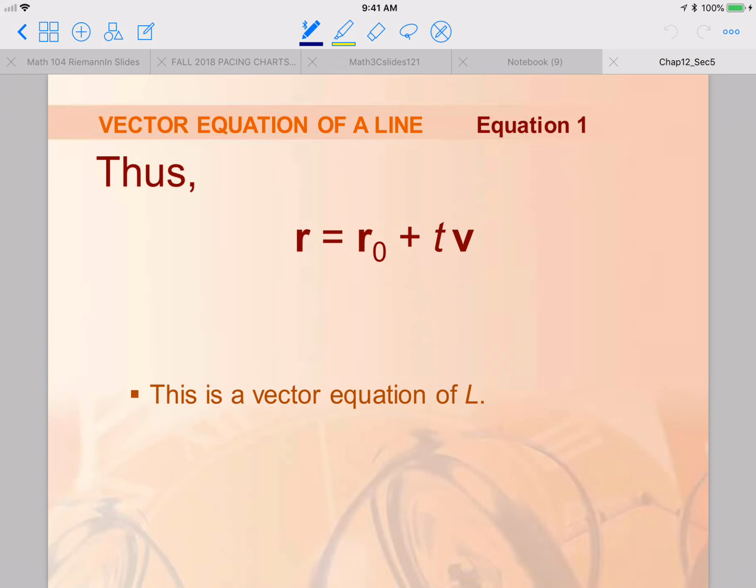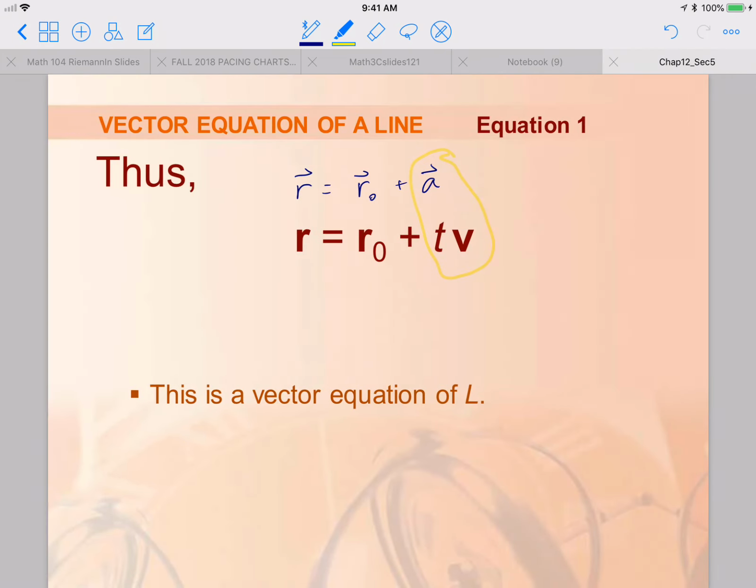So we can put this all together. We've got two facts: r has to be equal to r naught plus a, but we also have that a is equal to a scalar multiple of v. Putting these together, we have a vector equation of our line L.